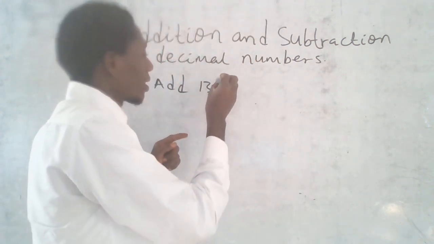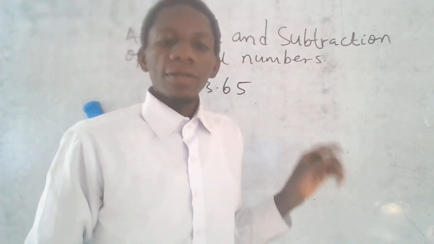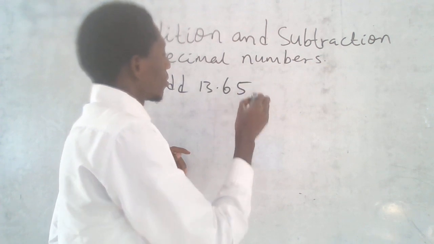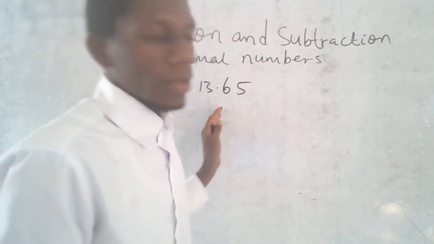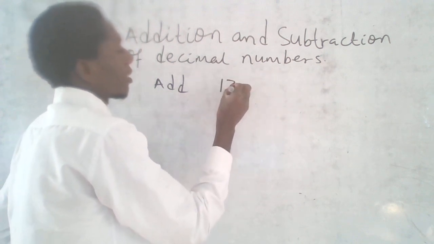Let's say we have 1365.854. Oh, sorry, I made a mistake.